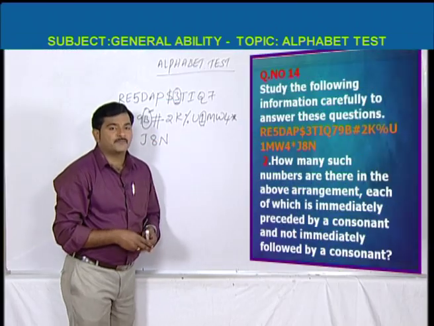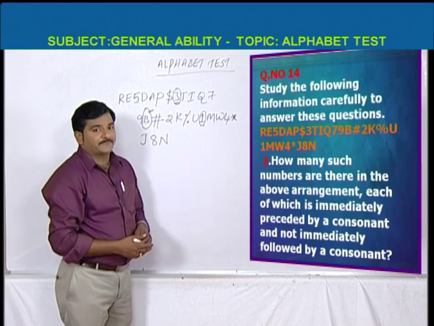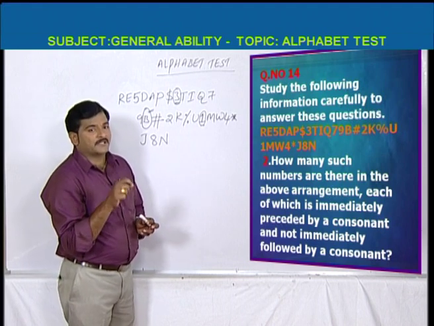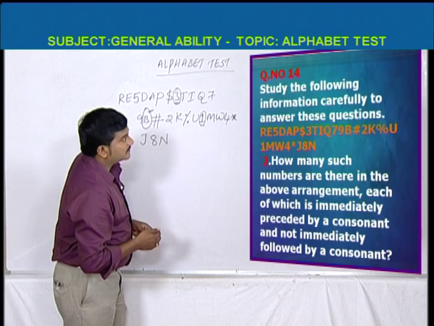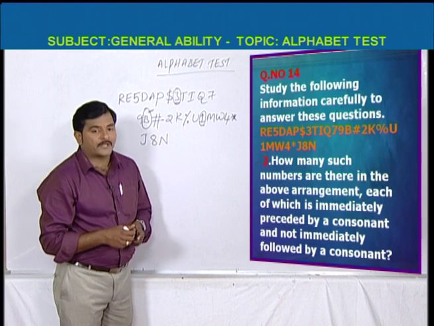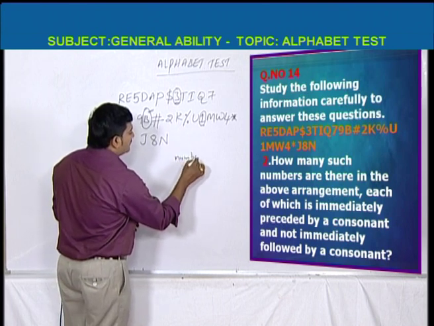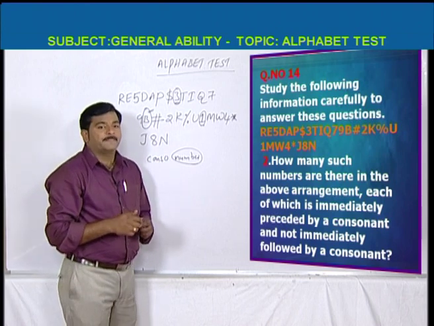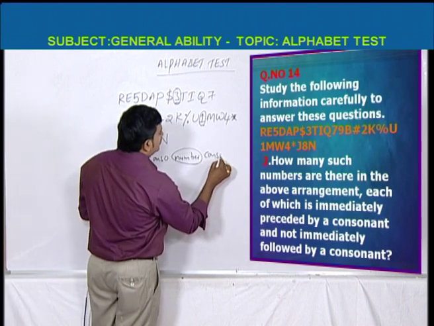Now we will discuss the second question. The series is the same, but what he asked you to find is: how many such numbers are there in the above arrangement, each of which is immediately preceded by a consonant but not immediately followed by a consonant?